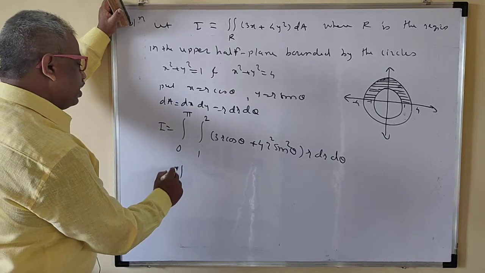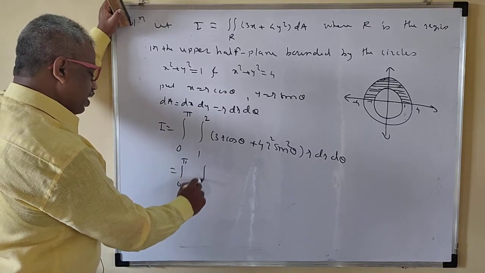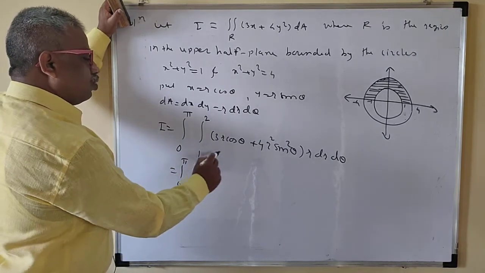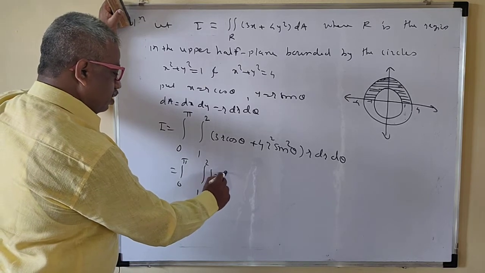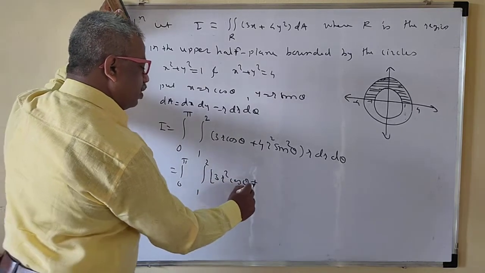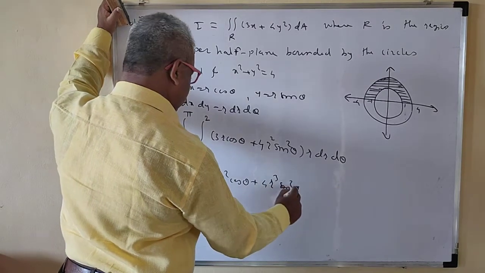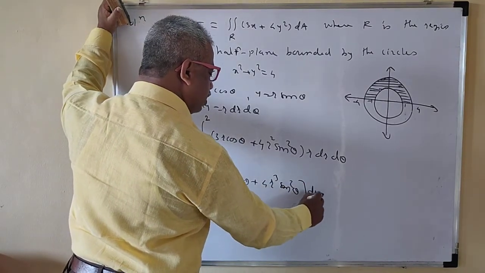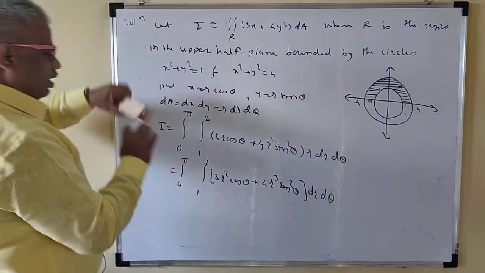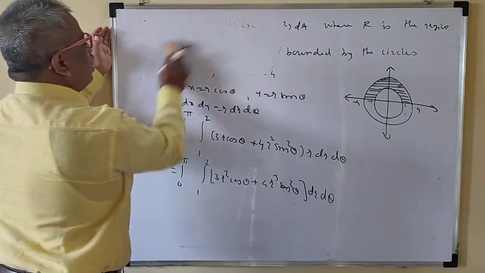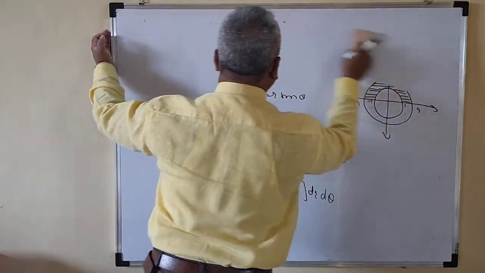Okay, so now we will integrate this. First we will simplify the integrand from r equals 1 to 2. This is 3 r square cos theta plus 4 r cube sin square theta, dr d theta. First we integrate with respect to r, and then with respect to theta.